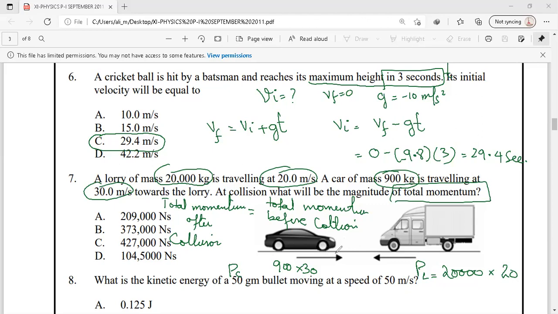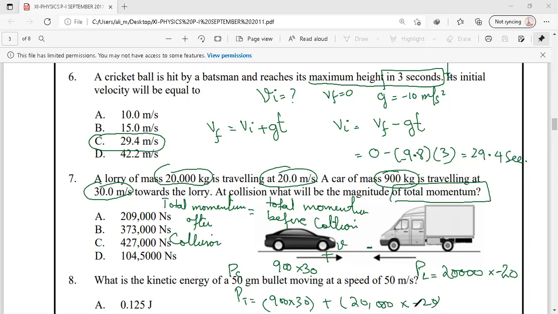So let's take the velocity of the car in the rightward direction as positive. So the velocity of the lorry with respect to the car will be negative. So we will solve the total momentum as 900 multiplied by 30 plus 20,000 multiplied by minus 20.